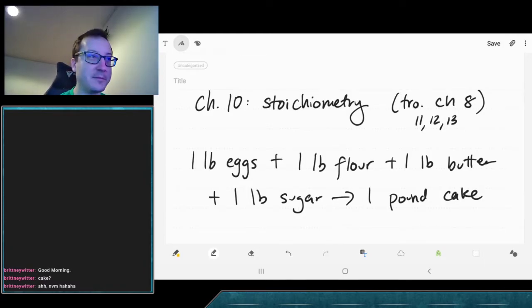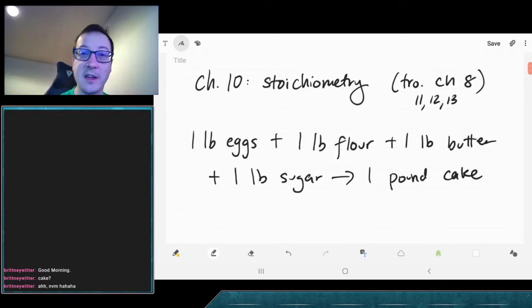This is the most common way to introduce students to stoichiometry, through recipes. I believe Tro uses pancakes in the textbook. I think I use sandwiches, but today we're going to use pound cake, because why not? So this is essentially a chemical reaction.